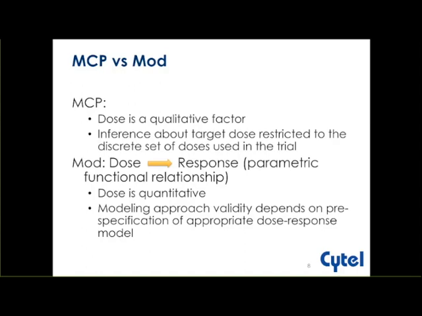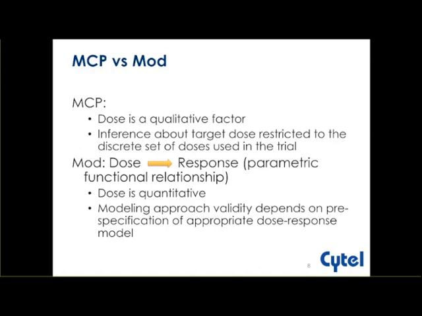On the other hand, the Mod component uses a parametric functional relationship to model the relationship between dose and response. In other words, it treats dose as a quantitative factor, and the validity of the modeling approach depends on pre-specifying appropriate dose-response models.